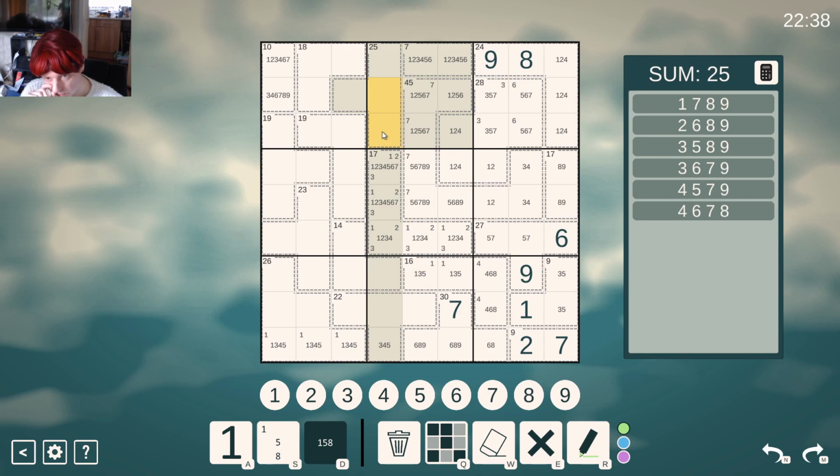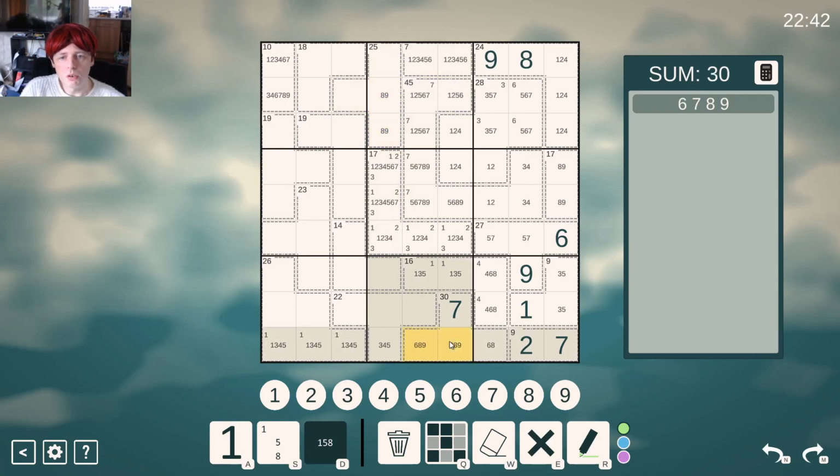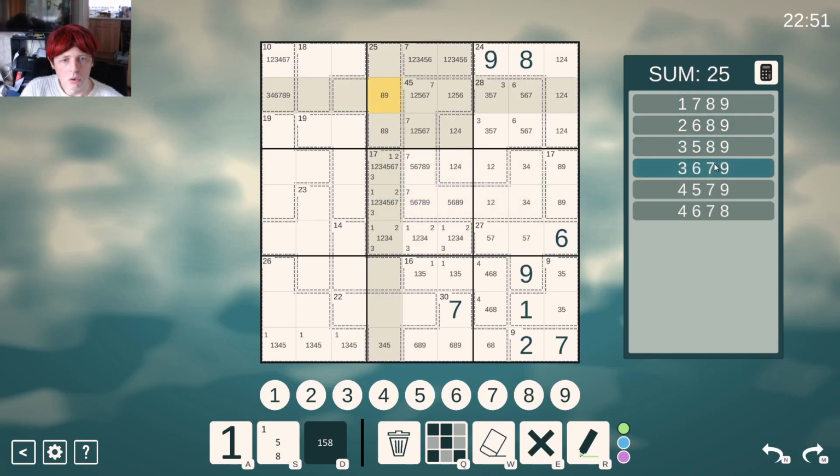Astonishing. Because we've used one of 8 and 9 there, and we've used one of 8 and 9 there. So we can remove 3 possibilities from there now. And the remaining numbers, one is from 1, 2 and 3, and one is from 5, 6 and 7.